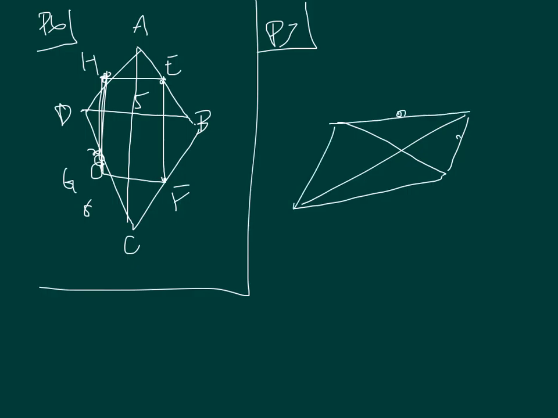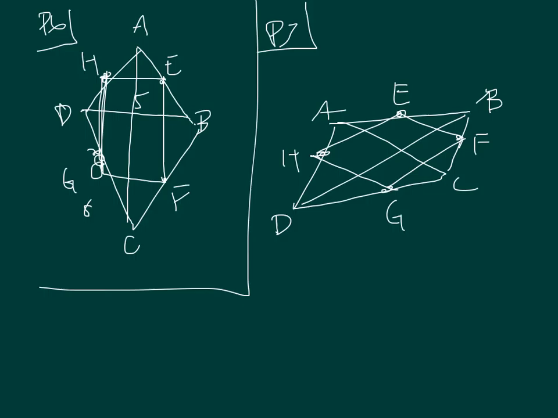And take the midpoints, join them. Okay, so let's say quadrilateral ABCD, and again midpoints E, F, G, H respectively. And again, you use the same exact concept.